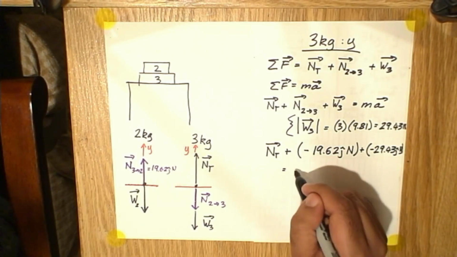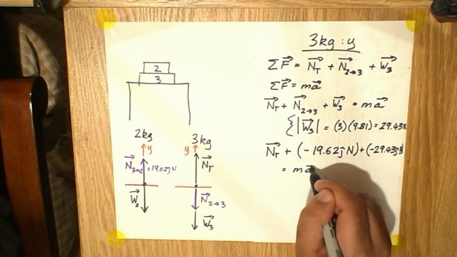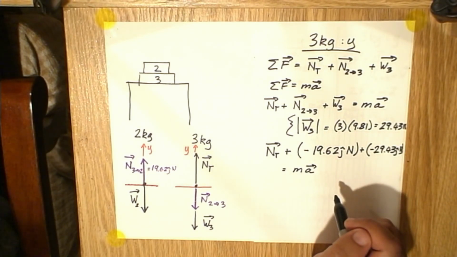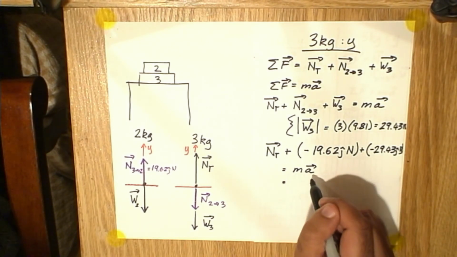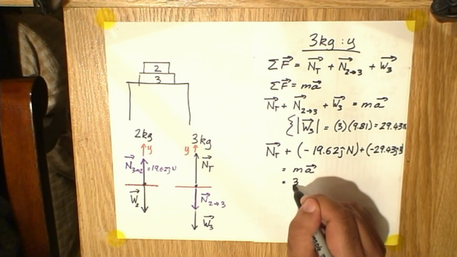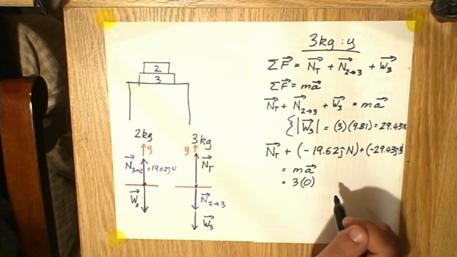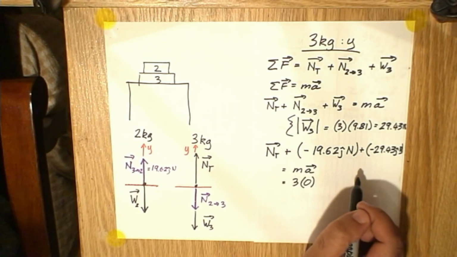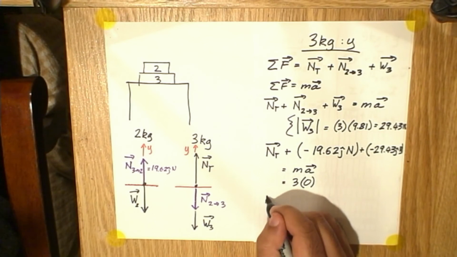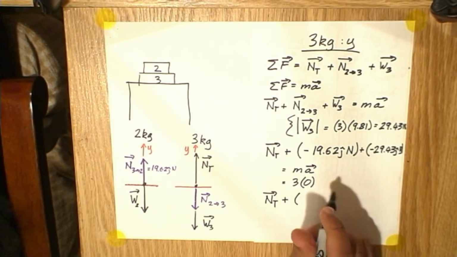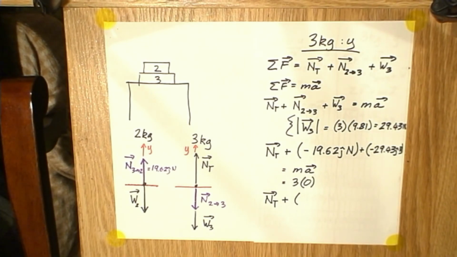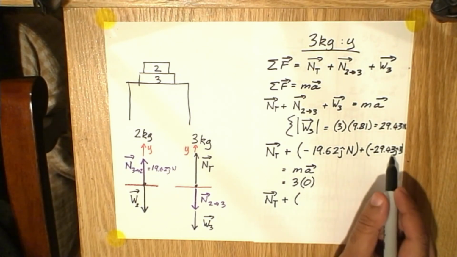All of that is equal to mass times acceleration. Now, the acceleration of this book is 0 because it's not moving. And the mass of it is 3, but it doesn't really make a difference in this case. So when you simplify all of this, we end up with the normal force from the table plus negative 19.62 plus negative 29.43.